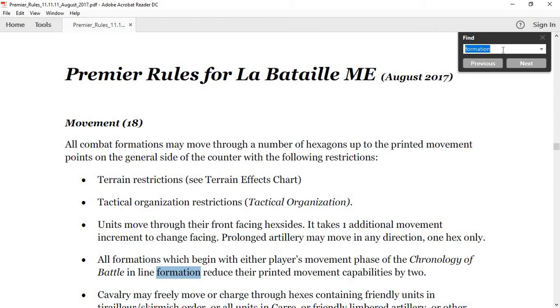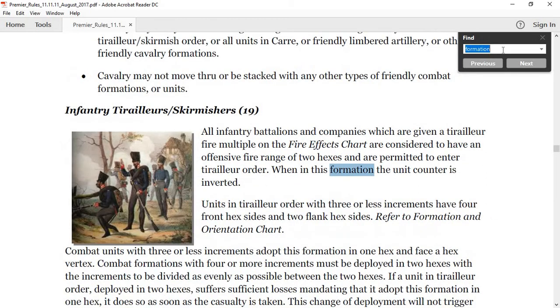Movement. Okay, that's the reduction for moving in line. It's inverted, okay, yeah, inverted for skirmishers. See, when in this formation. Formation and orientation chart. So, okay. Combat units with 3 or less increments adopt this formation.